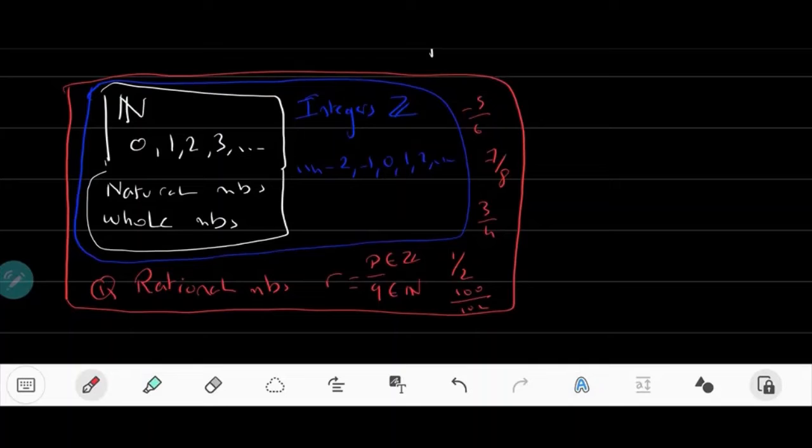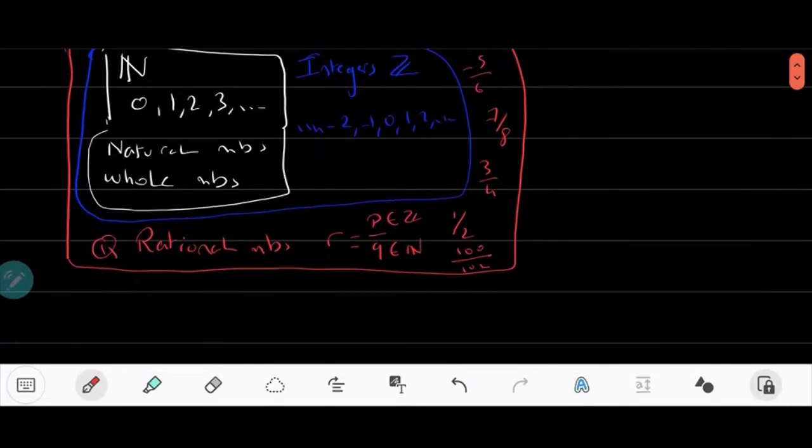These numbers represent all the decimal terminating numbers, and decimal terminating numbers are the numbers that have decimal places, but they are terminating.